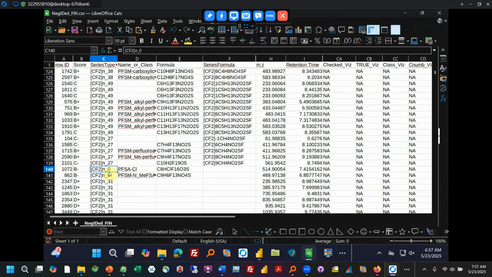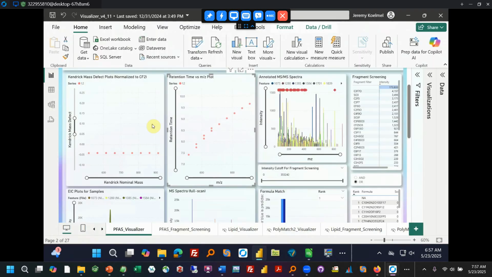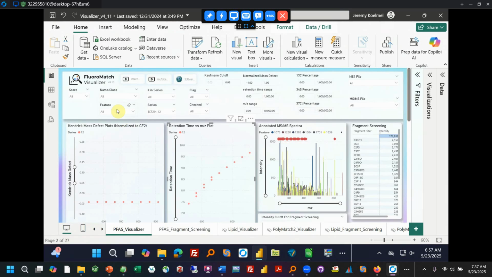So if you try to look at the 0 series, it's actually going to show you everything that doesn't have a homologous series. So that's not helpful to pull it out. We need the 1072. So if I then go over to features, and I go to 1072, note that it won't show up until I take off this series.